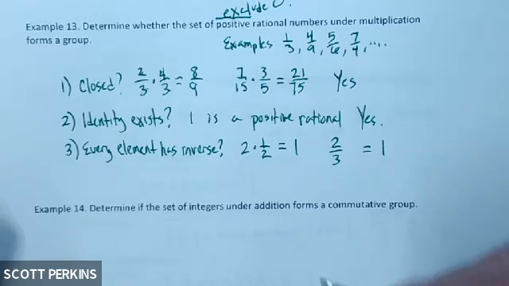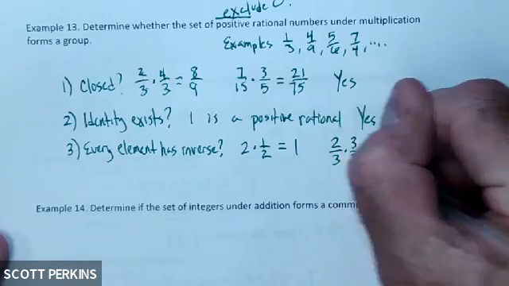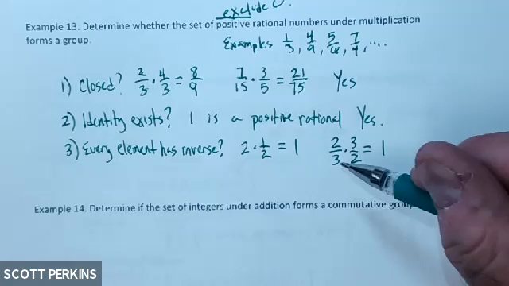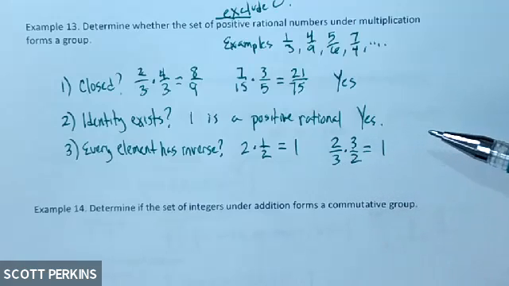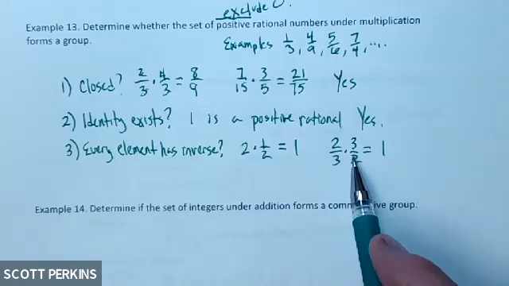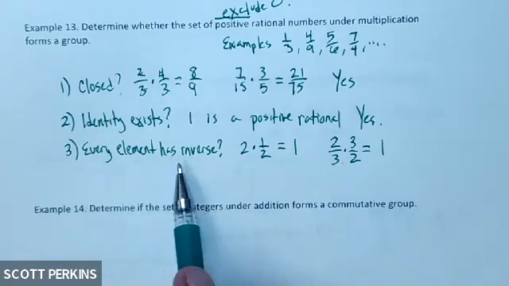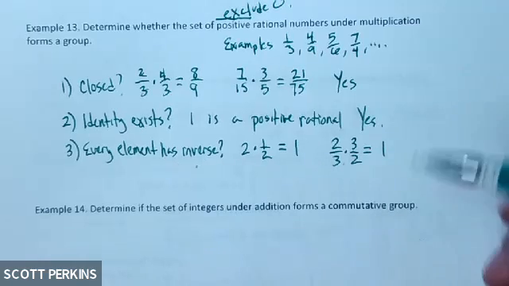You flip it over. 3/2. So whatever fraction you picked, the inverse is just the reciprocal. Flip it over. If you've got 4/11, then the inverse is 11/4. If you've got 7/112, it's 112/7. You just flip it over. So are both of these numbers positive fractions? Yes. So does every element have an inverse that's in this set? Yes.